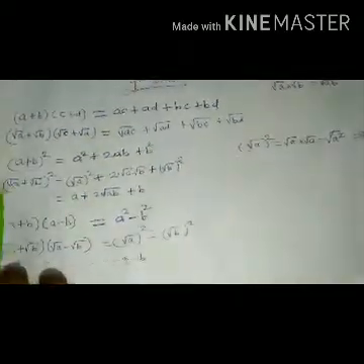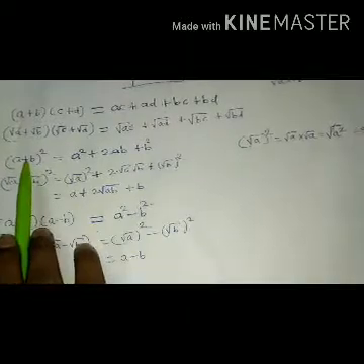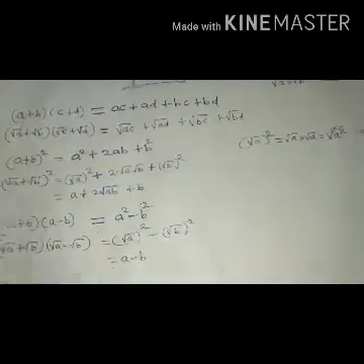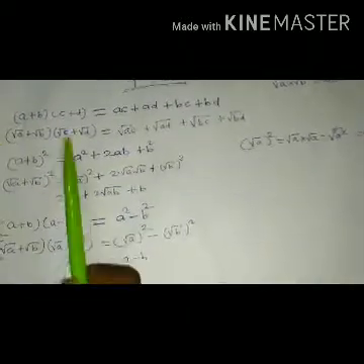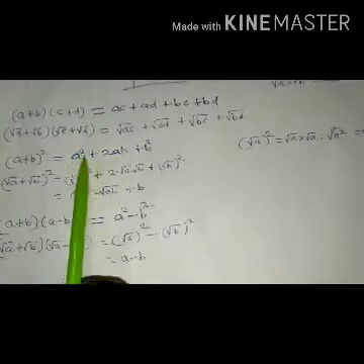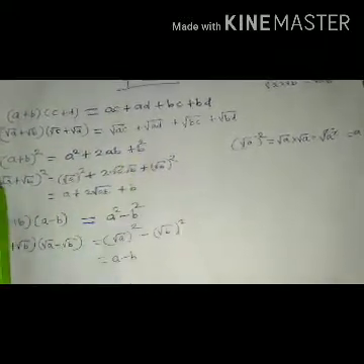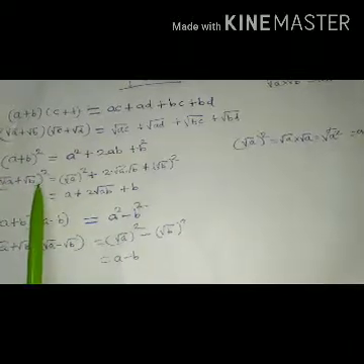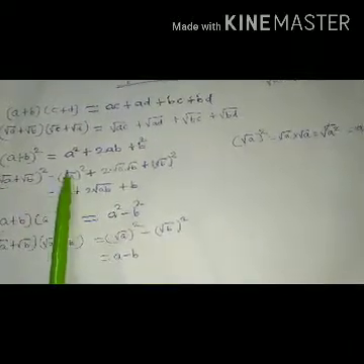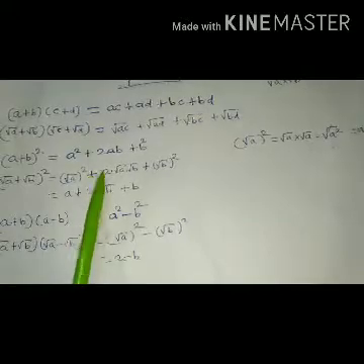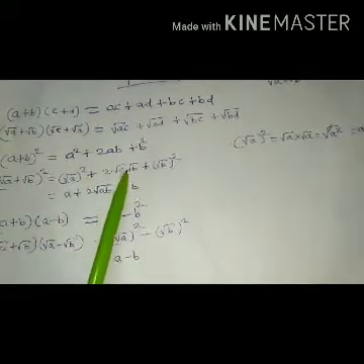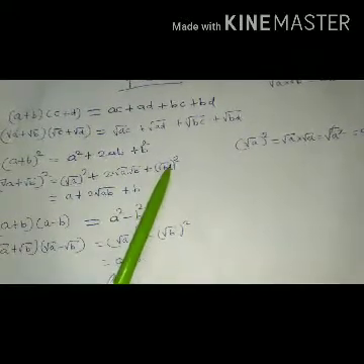In the same way, a plus b whole square is the standard identity, and we have for a plus b whole square, a square plus 2ab plus b square. Then applied for irrational numbers, root a plus root b its whole square, which is equal to root a whole square plus 2 root a into root b plus root b its whole square.